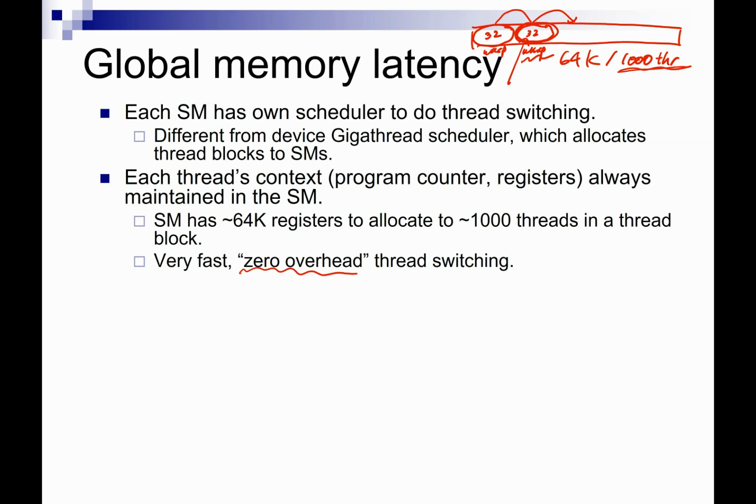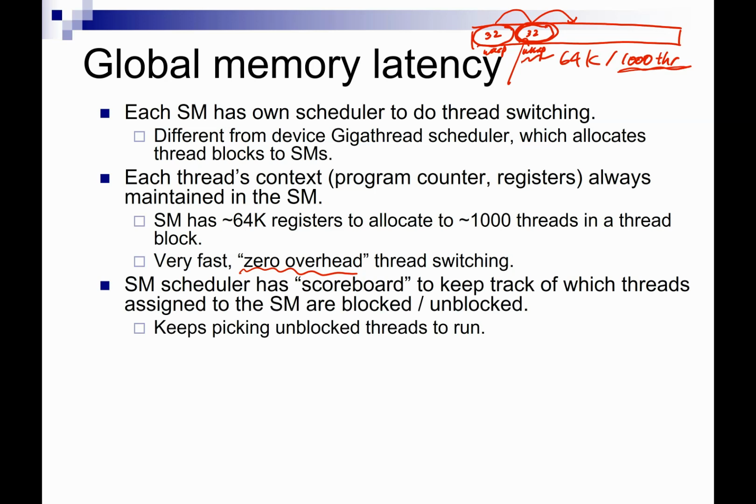And this also points to why GPUs have to have so many registers: we need to do this pre-allocation of the registers to the threads. If we had fewer registers, then each time we switch between the threads, we might need to read or write the register values from main memory, global memory. That would take way too much time, so we can't afford to do that. We have to keep all of the register values in the big register file.